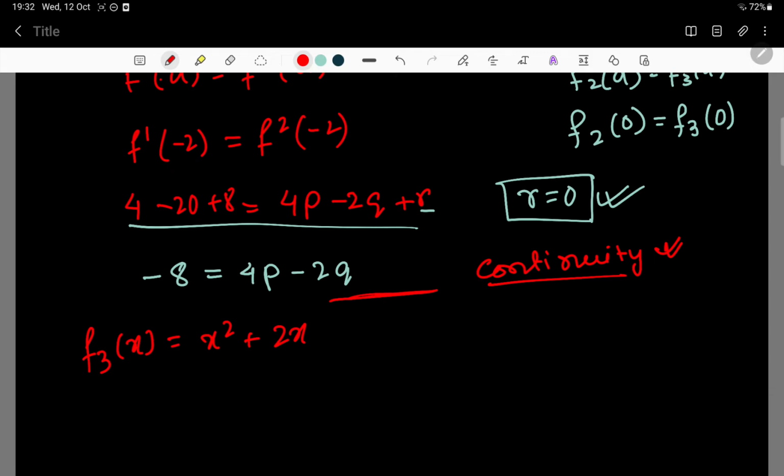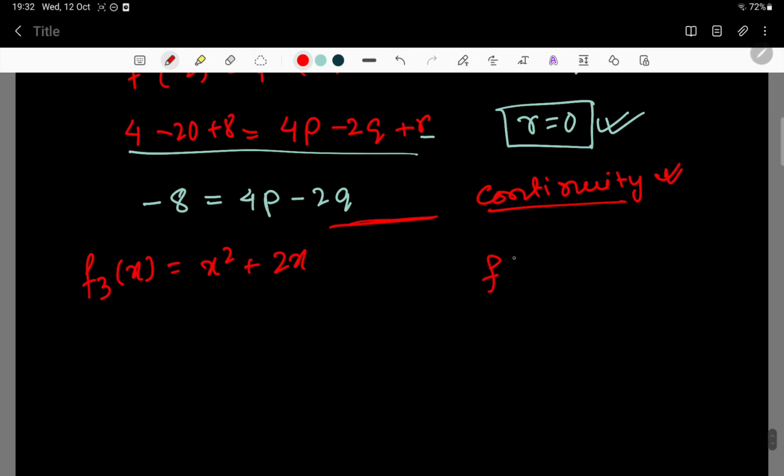Now when we try to find tangents, what we do, say f of x is a function, and we have been asked to find the tangent of f of x at point alpha comma beta. First of all, we find the slope of any line touching the curve at alpha and beta, and to find the slope we just differentiate with respect to x, that is f dash of x.